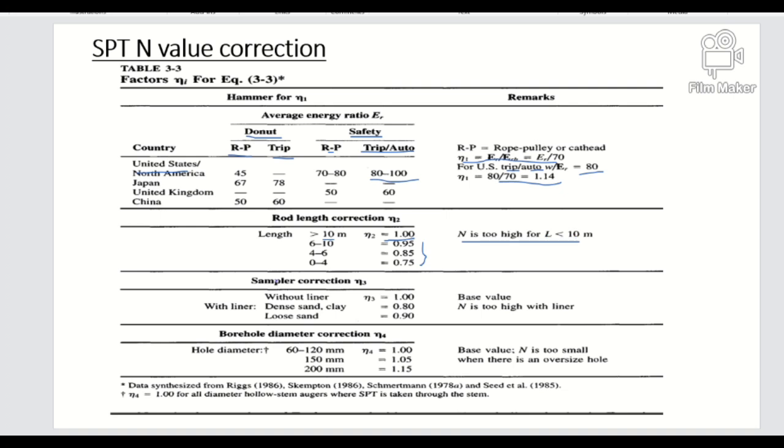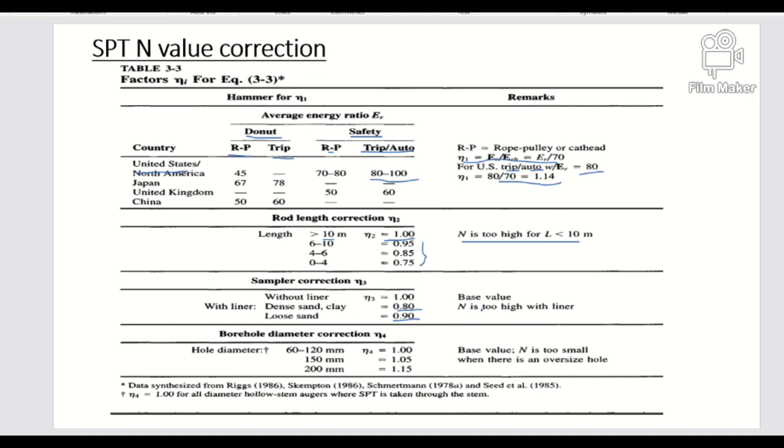Okay, for the sampler correction, if the sample is collected through a sampler without liner, the correction factor is 1. If they use a liner in the sampler, then for dense sand and clay it is 0.8, and for loose sand and clay 0.9 correction factor.